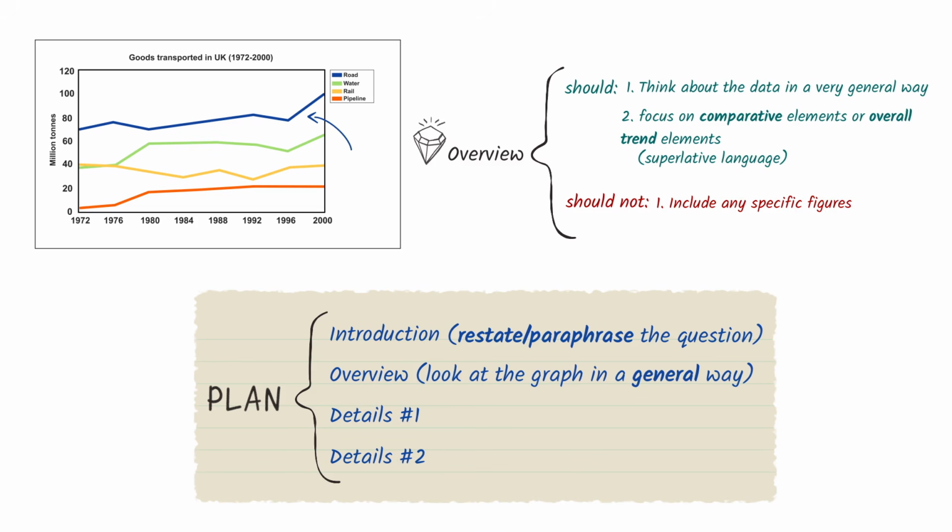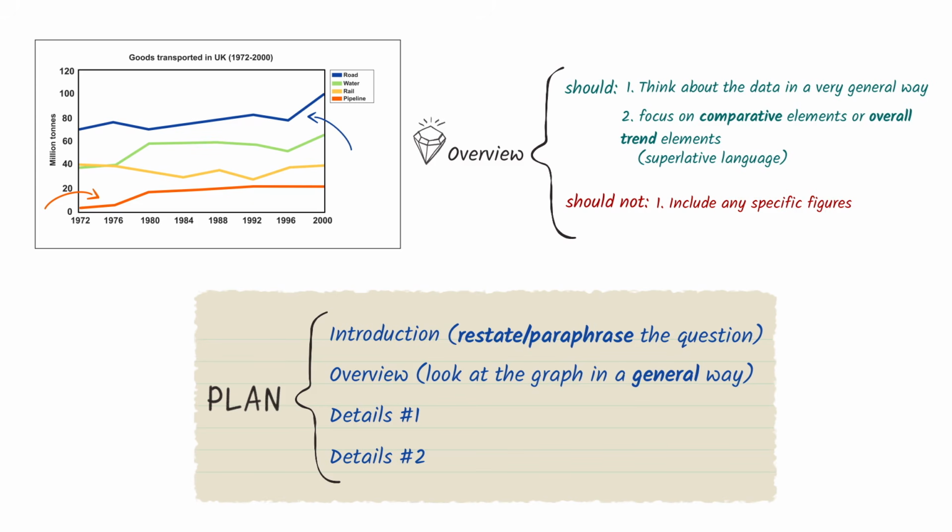It is the highest throughout the whole period, all right? And the least would be the bottom line, and that is pipeline. As you can see, the orange color, it is the pipeline, and it is the least throughout the whole period. So this is the data that we are going to talk about in our, actually not the data, the general, let's say, information that we're going to provide in our overview paragraph.